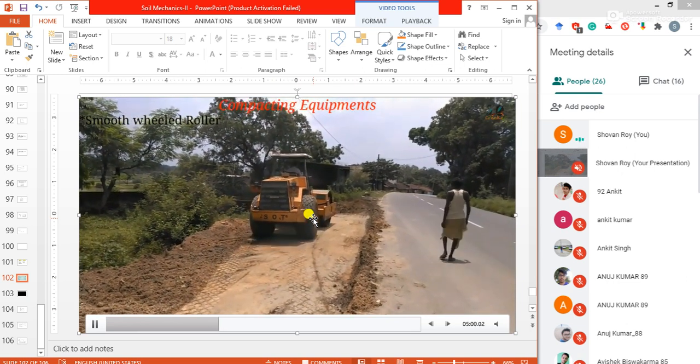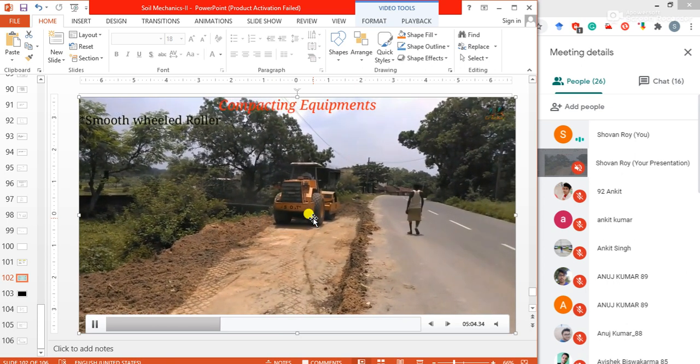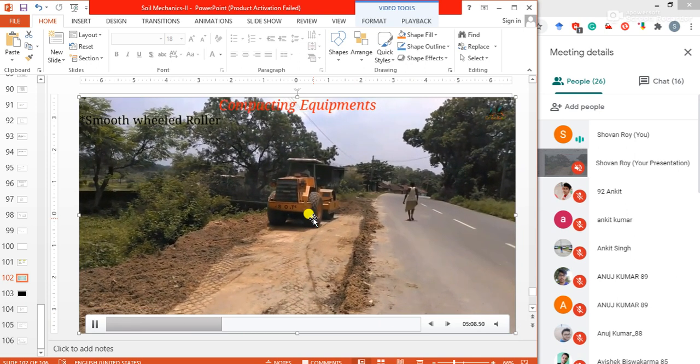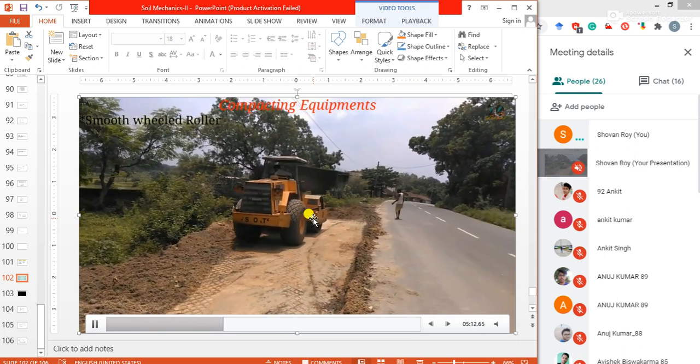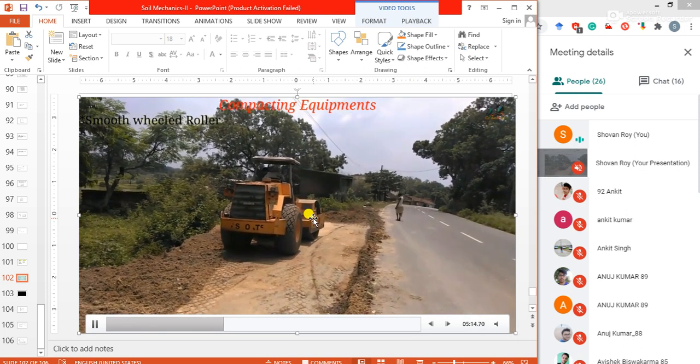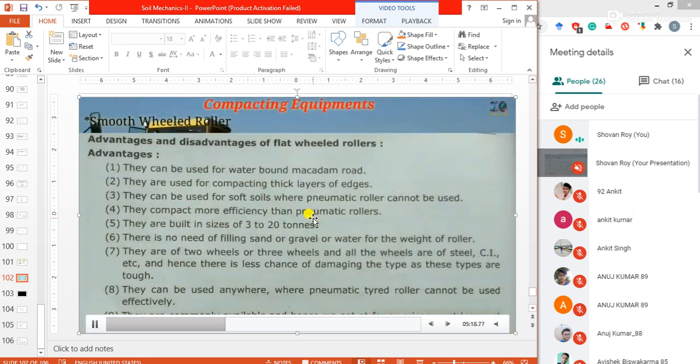Without adding water, the required density cannot be achieved. So it is showing that only rolling is going on, but before rolling, some sprinkling, some spreading of water is necessary.